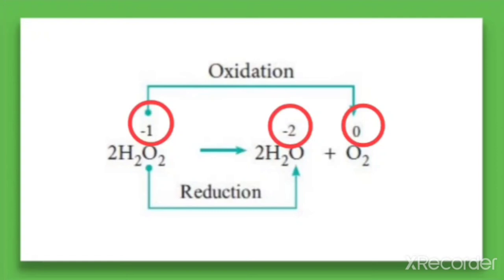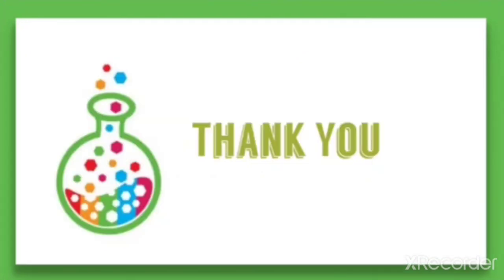If there is an increase in the oxidation number, it is called oxidation, and if there is a decrease in the oxidation number, it is reduction. It is the most important definition for oxidation and reduction. On the basis of this only, we need to balance the redox reaction. So this is all about this video. Have a nice day.